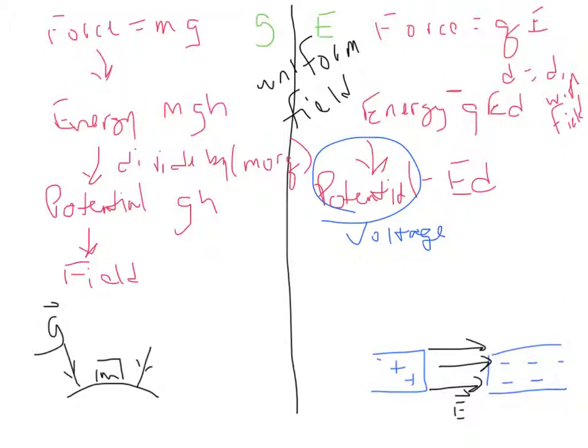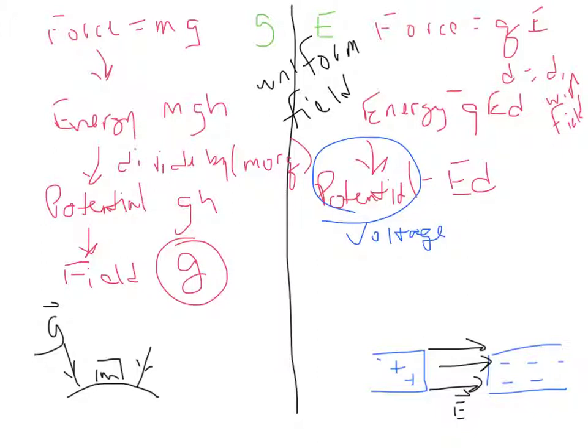Again, I'm talking about things that are moving up and down in the field. I'm not talking about things that are moving sideways. You don't change your potential by moving sideways. You change it by moving up. So if I differentiate with respect to distance, and I essentially get rid of the h because it's a linear thing, I get g as the field, which is what we've always known.